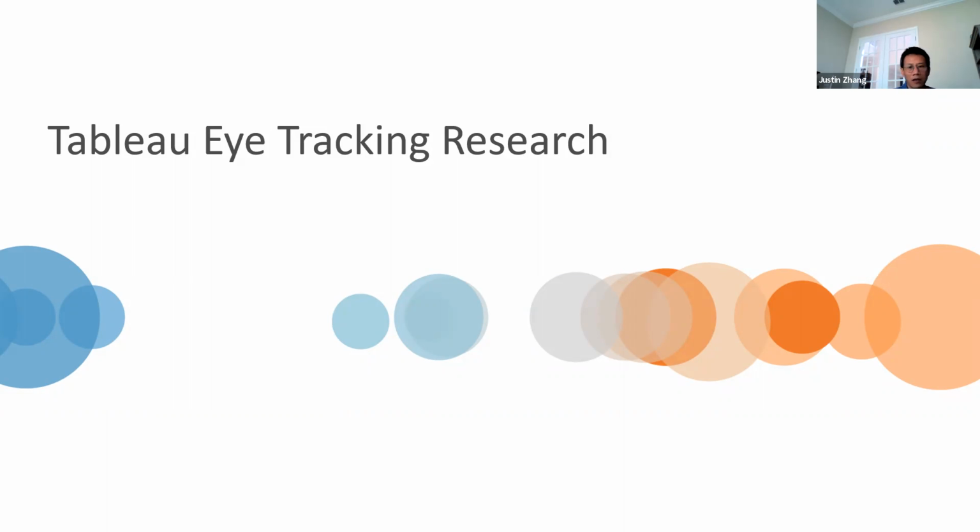In this way, they can collect data to study eye tracking movements in dashboard design. This is a very important area of research in data visualization, and it's very useful to help us understand the effective design of dashboards to catch users' attention.